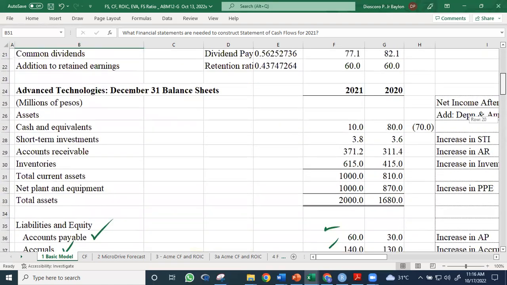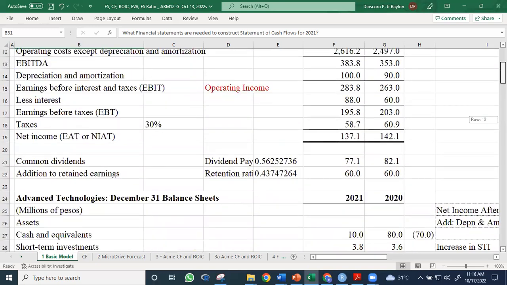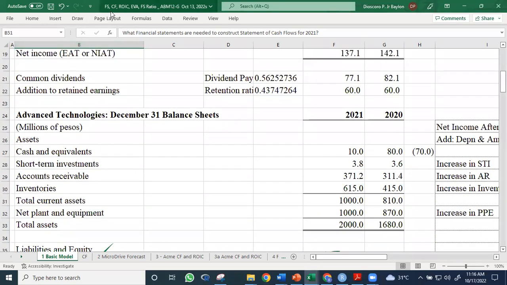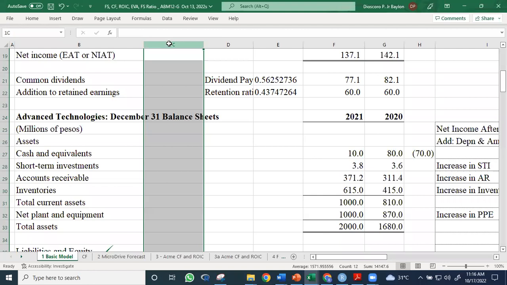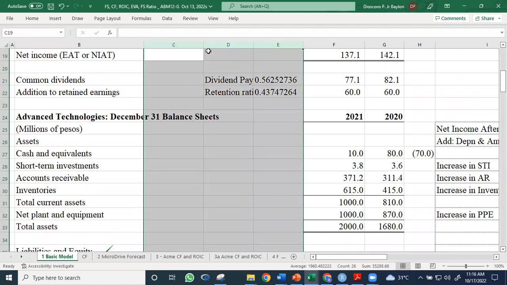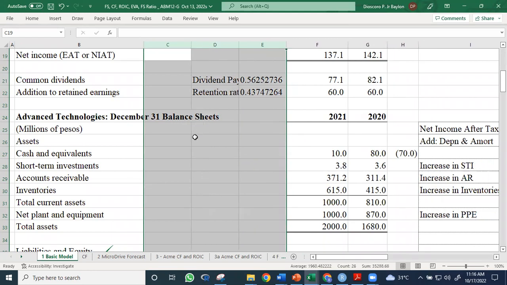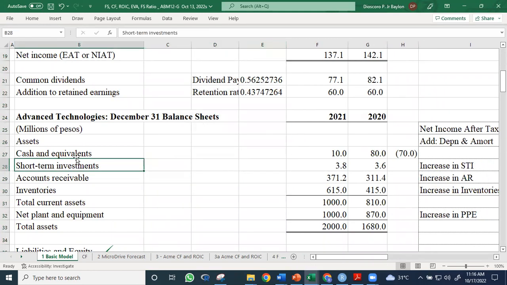We said that operating current assets we can find in the balance sheet. We have your current assets. The total current assets is 1,000 for 2021, and it's comprised of inventories, accounts receivable, short-term investments, and cash. What is not operating here is short-term investments, as we discussed before, because this is interest-bearing.